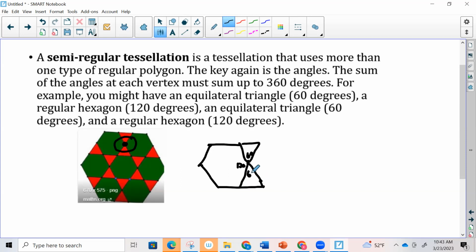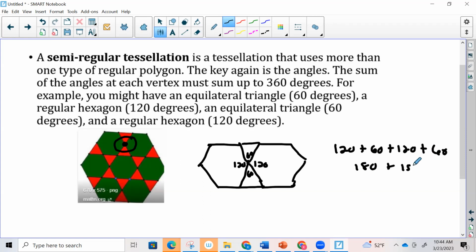And then again, if it's an equilateral triangle, this is 60, and then 120. Sorry, this is my horrible drawing. But to show you, if you add 120 plus 60 plus 120 plus 60, this gives me 180 plus 180, which is 360. And so at any vertex, it will have to add up to 360 degrees.